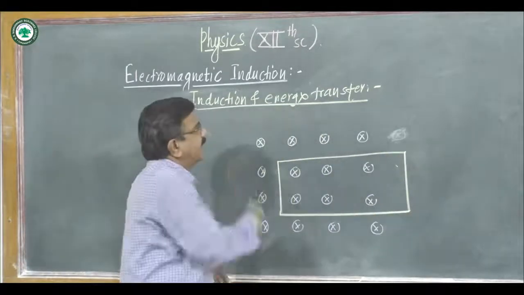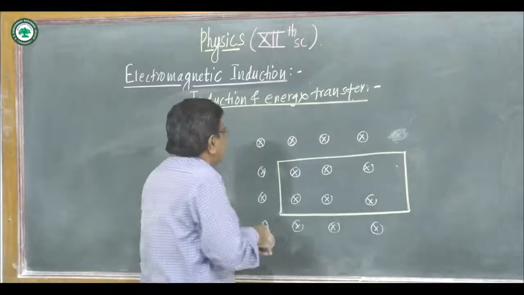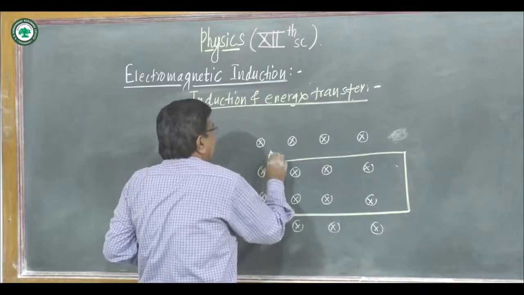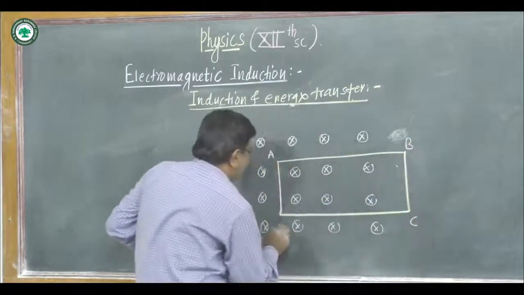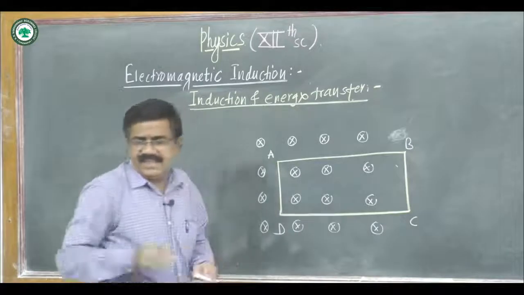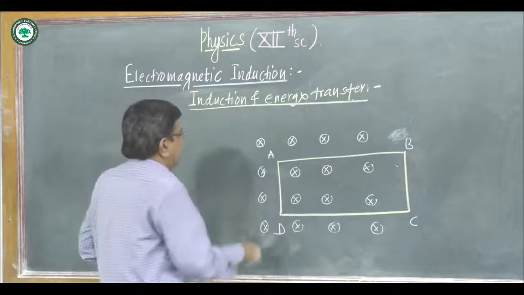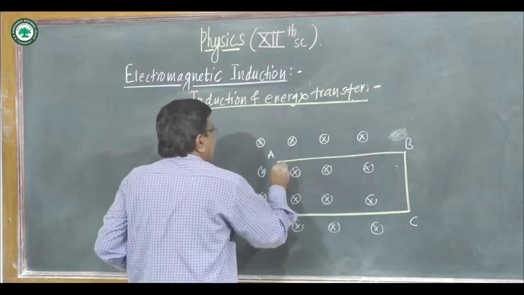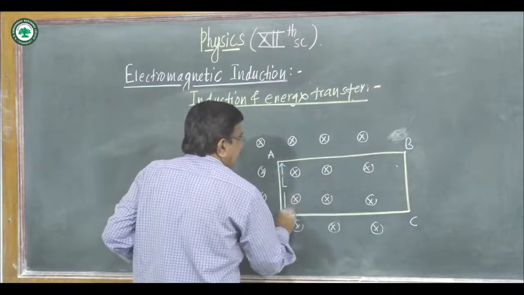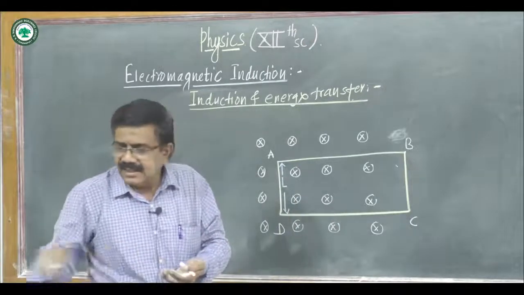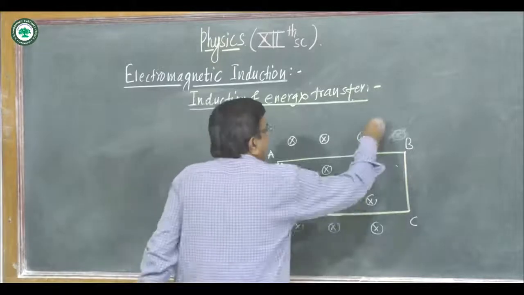Suppose this is the rectangular wire or loop ABCD. Suppose this length is L, this length is L, and suppose this is the magnetic field.